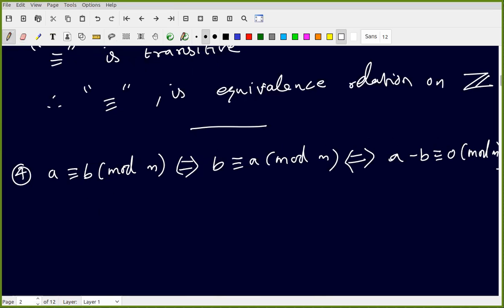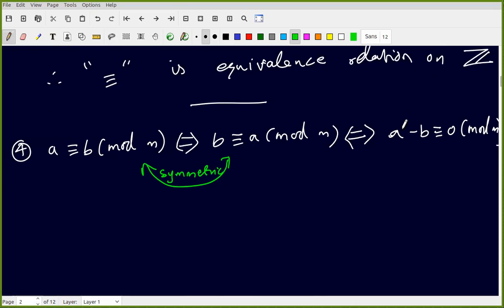The first one is proved in the symmetric property. So in this property we have to prove that if a is congruent to b, then a minus b is congruent to 0.